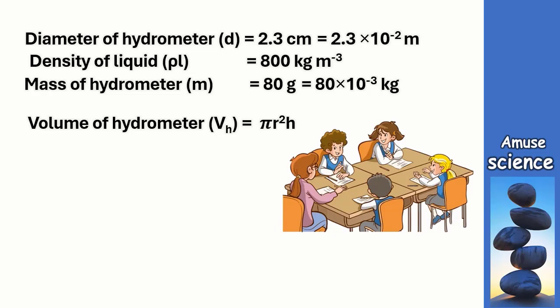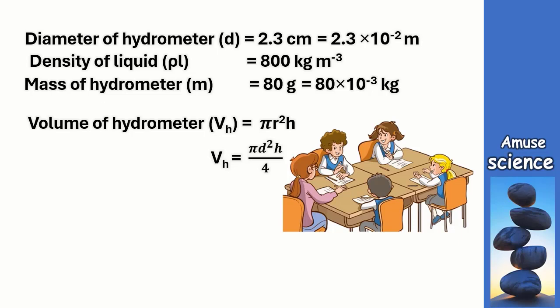And since you have been given diameter instead of radius in the question, let us transform pi r squared h so that it will have diameter in it. And this is going to give us pi d squared h divided by 4.